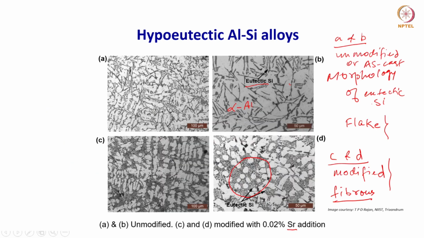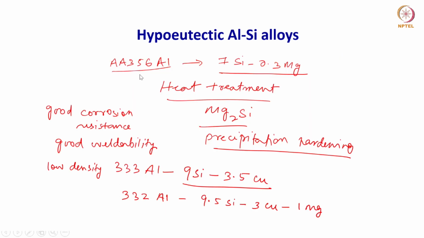So here you have, apart from the eutectic silicon, the alpha aluminium in case of the hypoeutectic alloys. Some examples of this: 333, 356. 356 is one of the very commonly used alloys.